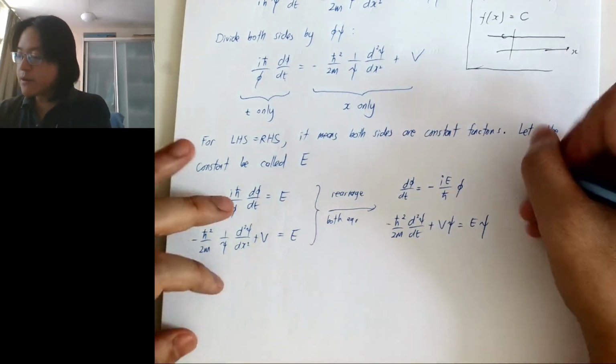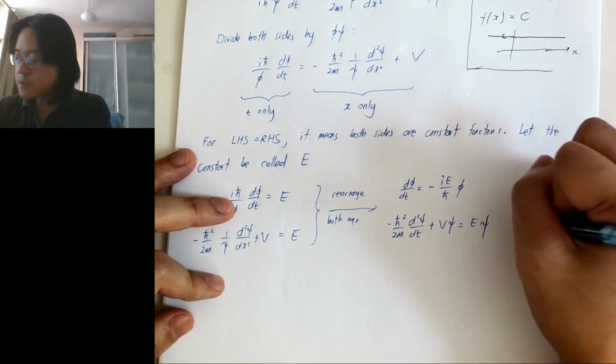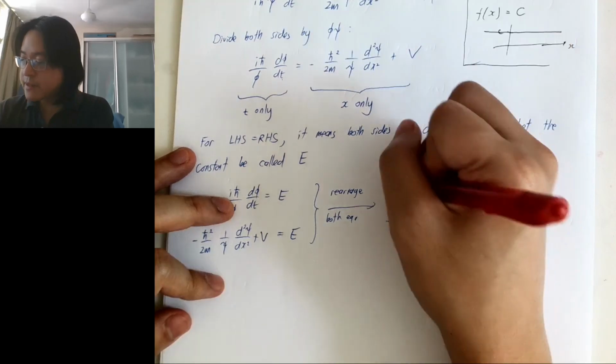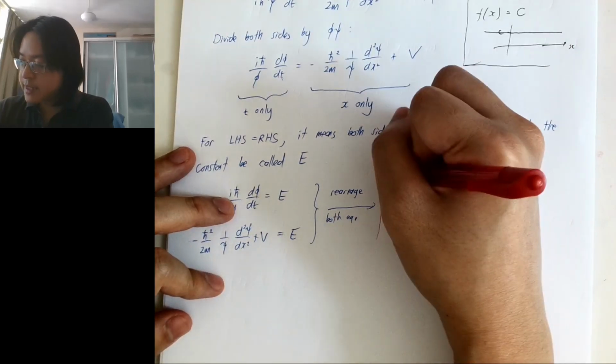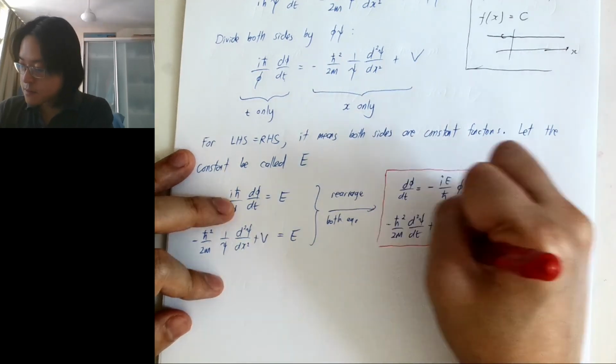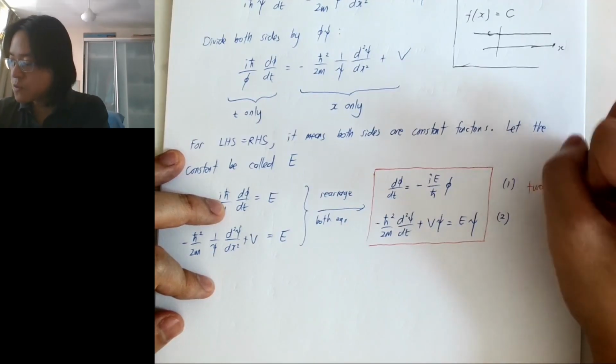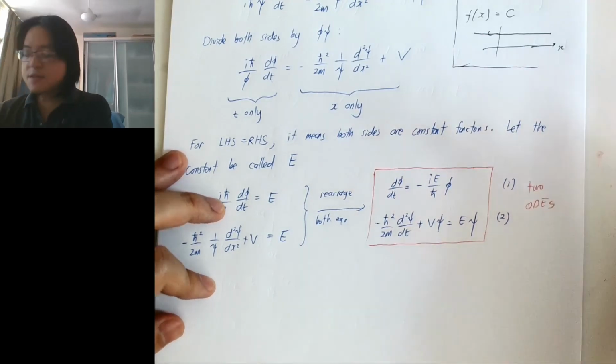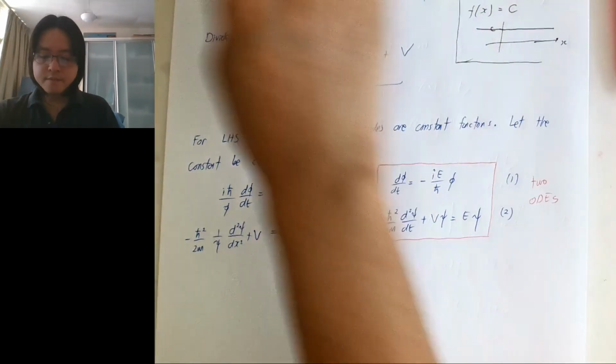So now I derive two differential equations that depend only on one variable. So now I got two ODEs, so easier to solve, right?